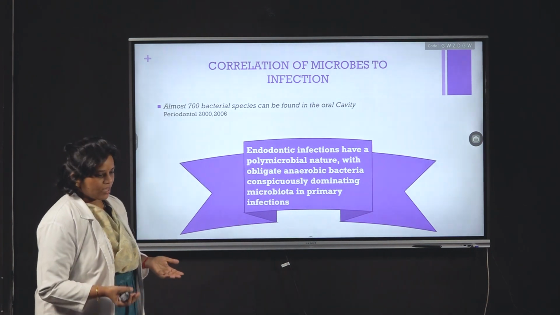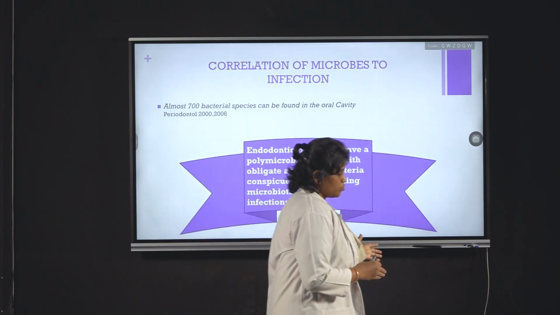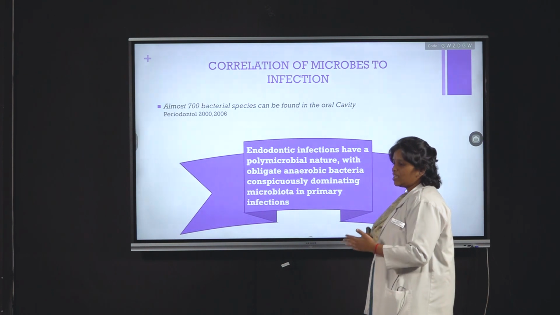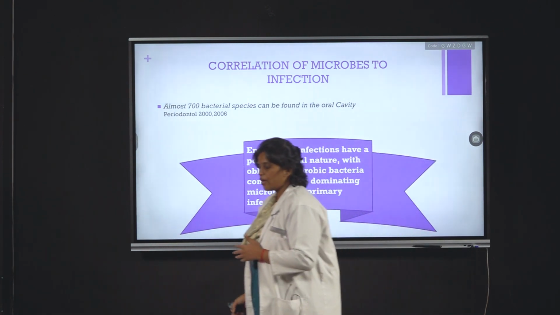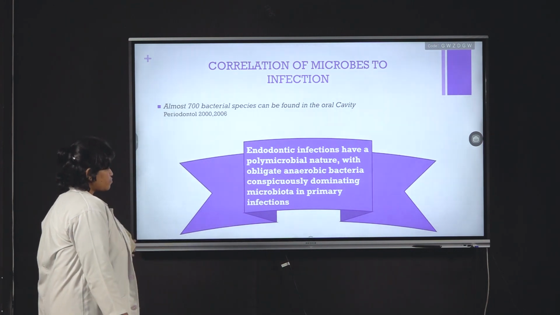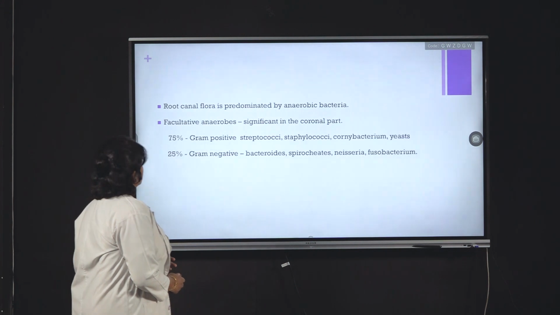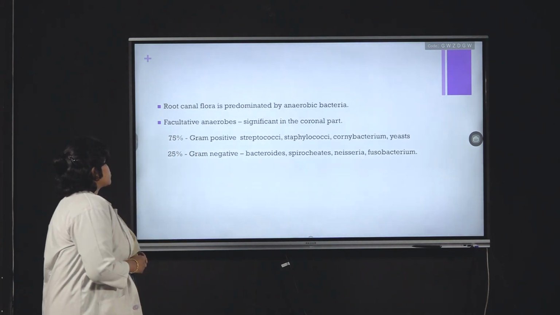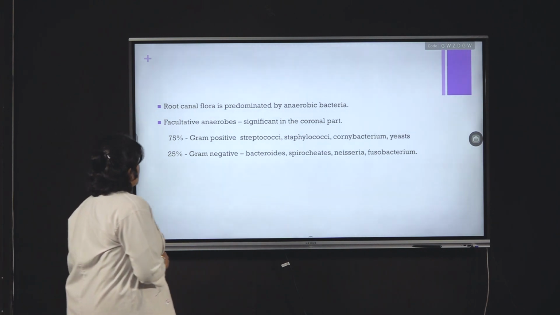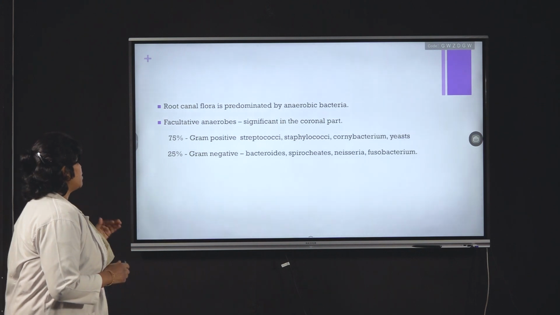And when you see that, in the beginning we dealt with various types of organisms. We said what is aerobic and what is anaerobic, right? So in those terms, endodontic infections are polymicrobial, and most of the infections are caused by obligatory anaerobes. So root canal flora is predominantly anaerobic bacteria, with facultative anaerobes significant in the coronal part and obligatory anaerobes significant in the apical part.